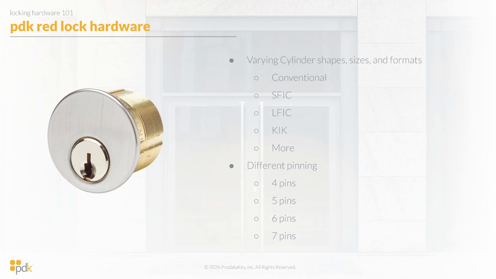That is just a different size and a very interchangeable form of cylinder. Some people have preference for those. On the red locks in particular, even though they do use a conventional cylinder, you can still swap them out. It's just not the same shape, size, and mechanism for the cylinder. You also see a KIK, that is a key and knob cylinder. There are a lot more cylinders as well.